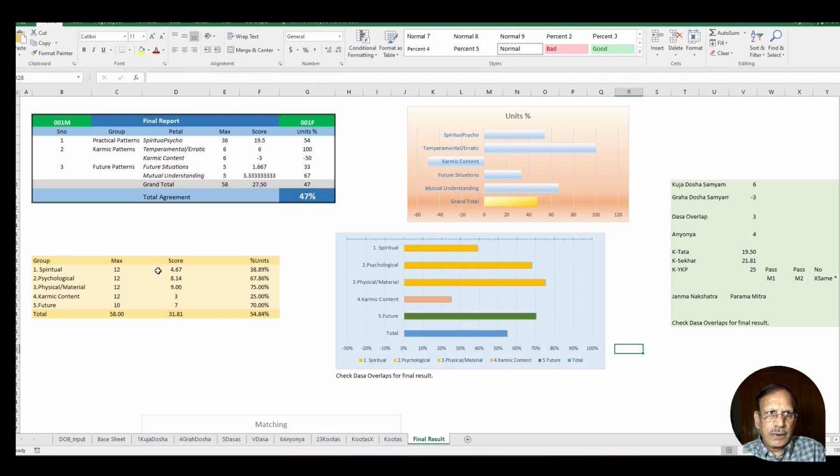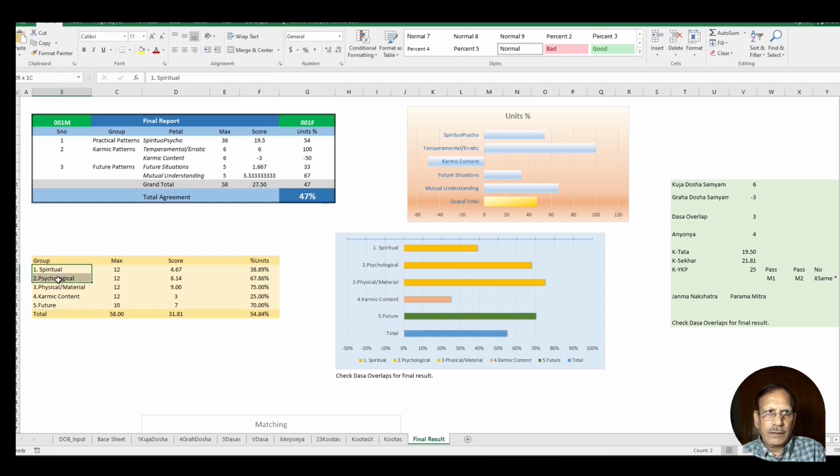The book is talking about results in terms of three groups. One is the karmic content group, that is Kuja dosha and Graha dosha. Then the future group related to finances and all that, that is Dasa overlap and Anyonya.